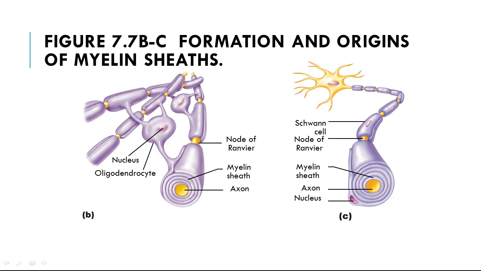So one oligodendrocyte is associated with 1, 2, at least 3 different nerve cells. By contrast, one peripheral nerve may have multiple Schwann cells about it, forming this insulative kind of barrier.